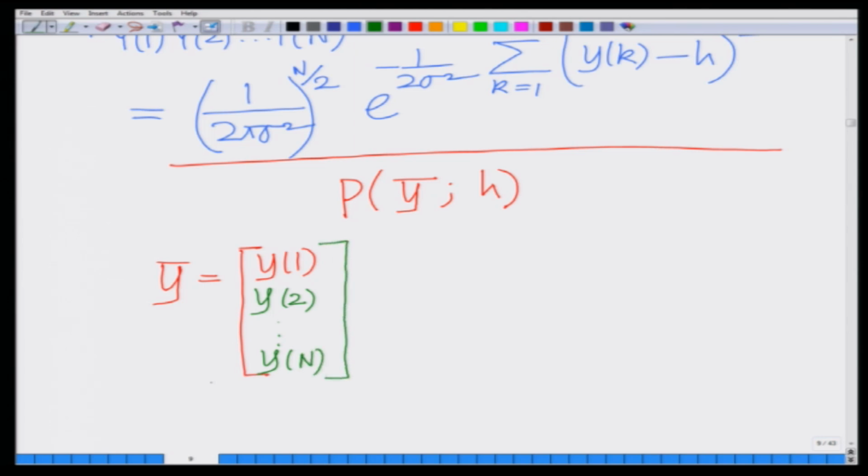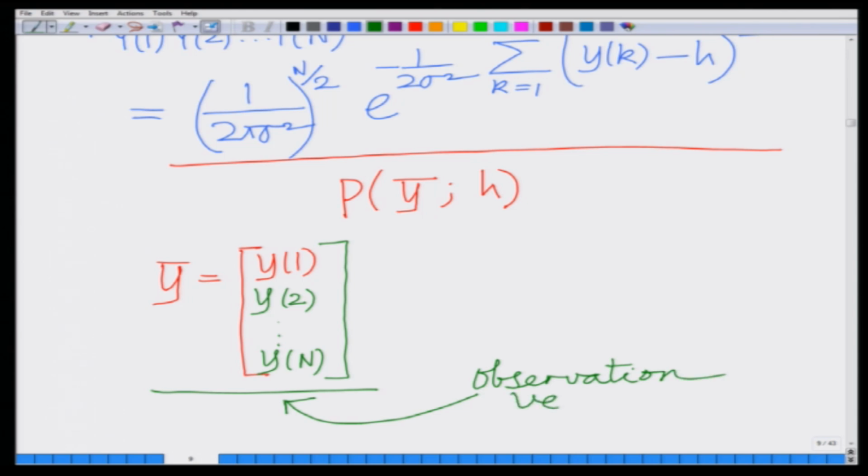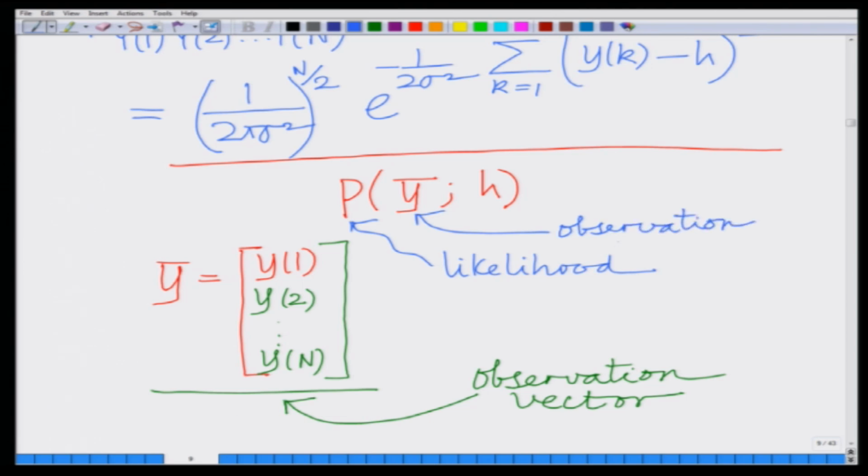This contains all the observations, and P of y bar; h denotes the likelihood function of the observation vector, parameterized by h.